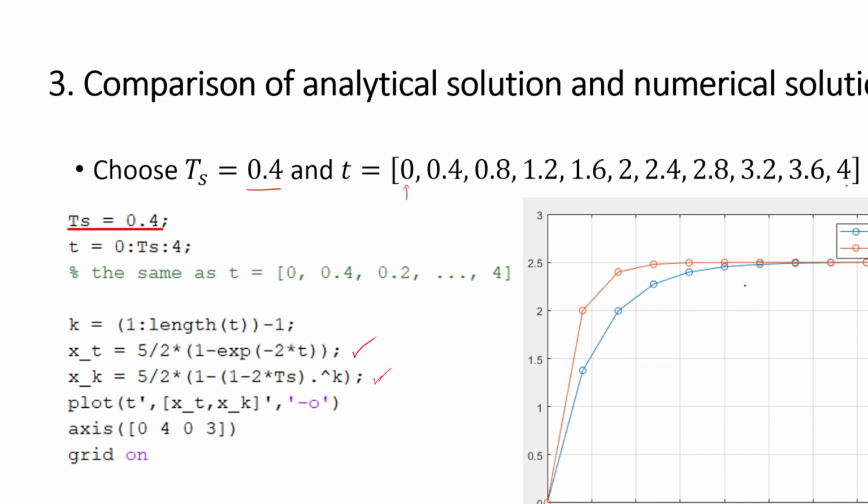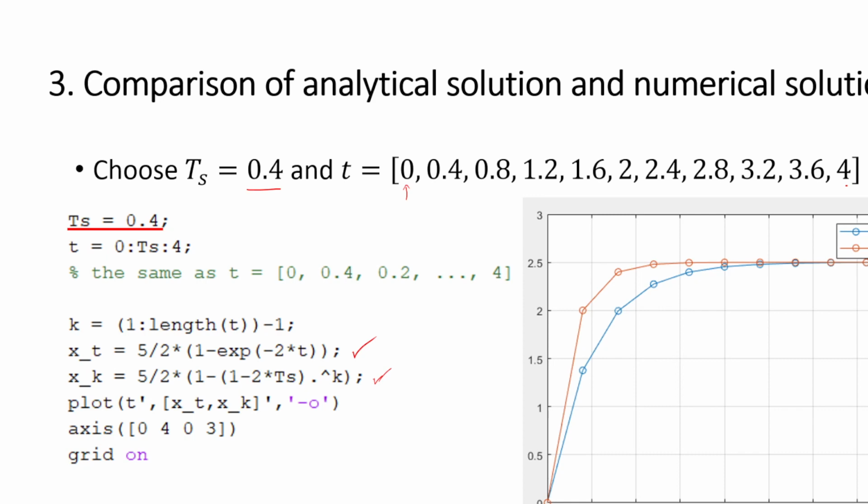So now you can see here the blue one is the analytical solution. Okay, analytical solution is the solution of the continuous system, continuous equation, and the numerical method gives the approximation. Then you get the discrete equation and its solution.